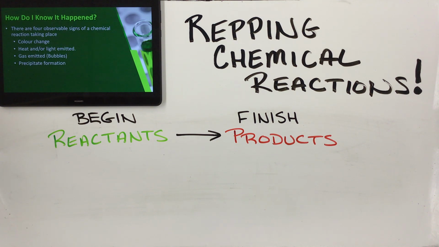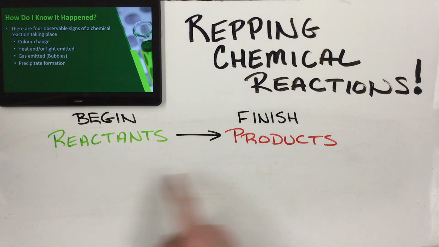Heat or light being emitted. Now, emitted is the fancy way of saying given off. So if heat or light's given off, a chemical reaction is taking place there. Gas emitted or given off, right? Usually we see this as bubbles. Or precipitate forms. Now, a precipitate is a solid formed from 2 fluids.